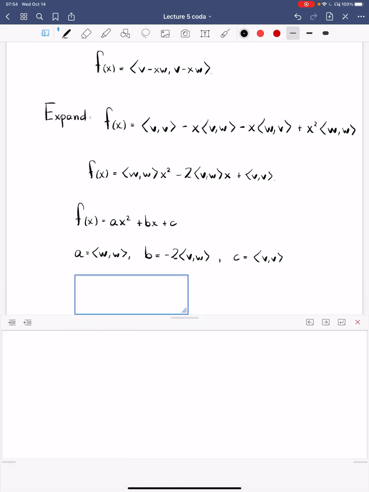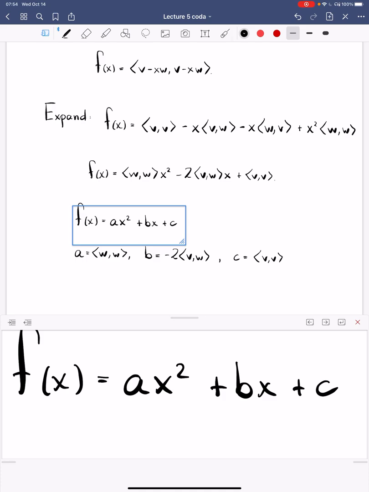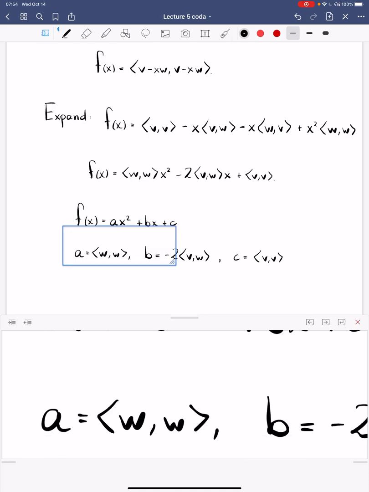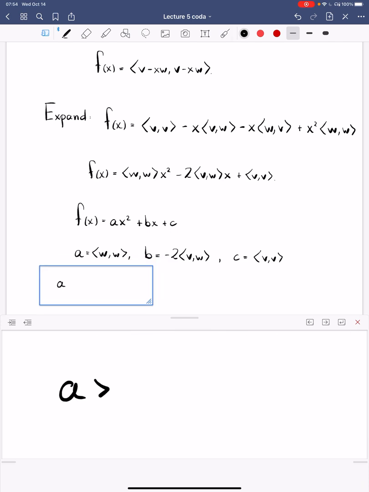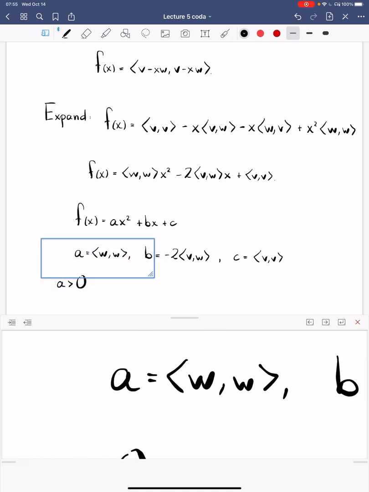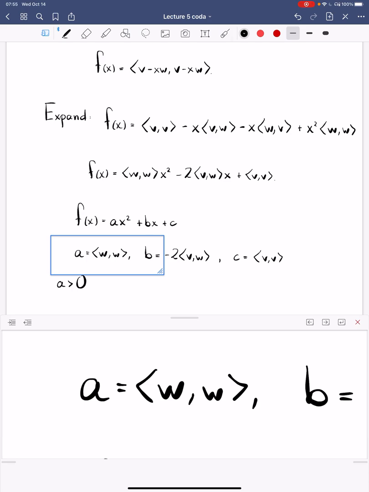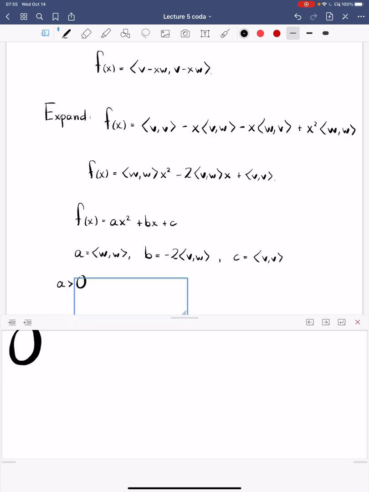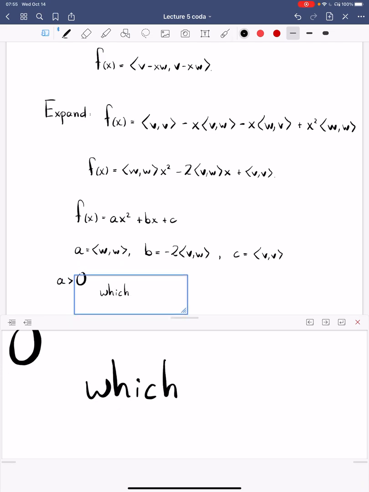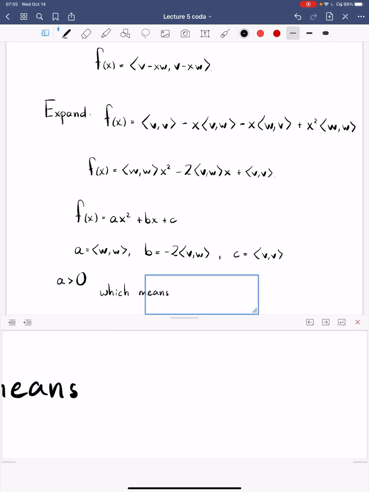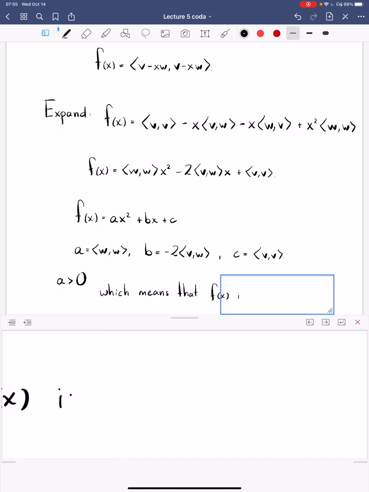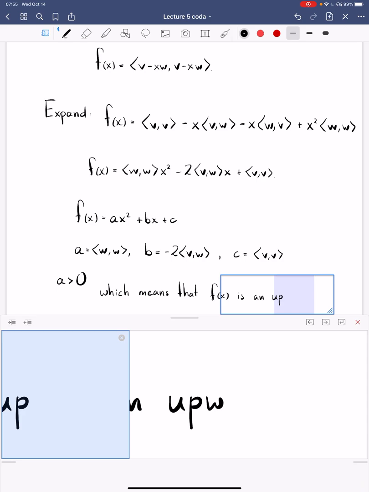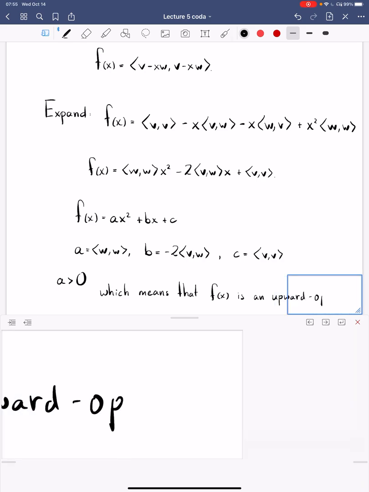So what kind of a function is this? It's a quadratic function, in other words, a parabola. In particular, a is bigger than 0. Why is that? That's because this is the scalar product of a non-zero vector with itself, so it has to be a positive number. So a is bigger than 0, which means that f of x is an upward opening parabola.